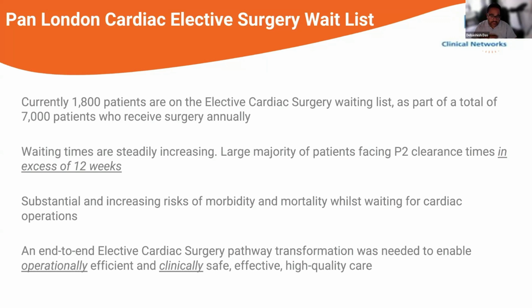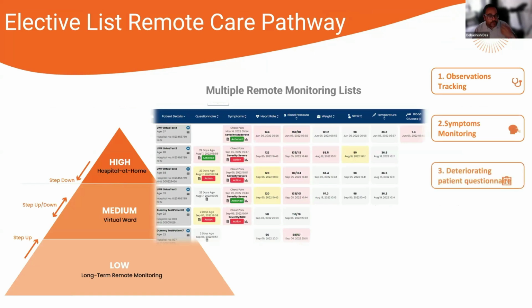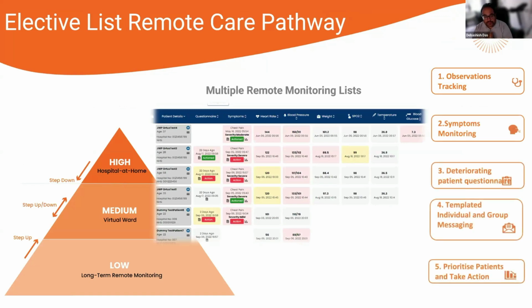So what we did was deploy across London that every single cardiac patient would be remotely monitored across all the centres for deterioration. And if they were deteriorating, they would either have their treatment brought forward or move into our equivalent of the low-risk NSTEMI virtual ward for bypass, where we bring their surgical procedure forward while remotely monitoring them till we do so.